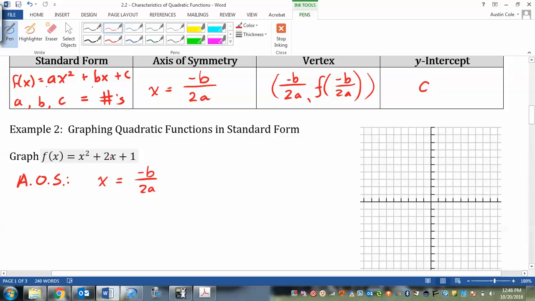Shelby, what's my b value? 2. Great. What's my a value? It's the number in front of x squared, which is 1 here. So I'm going to write this out. A equals 1, our b value equals 2, and our c value equals 1. You don't have to do that every time, but it's good to do it the first time.